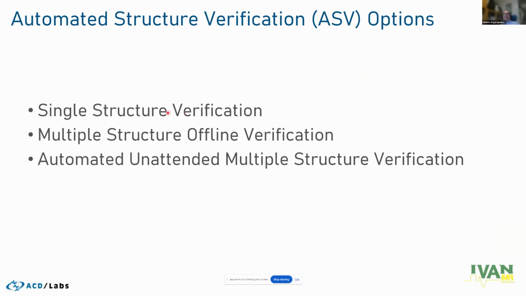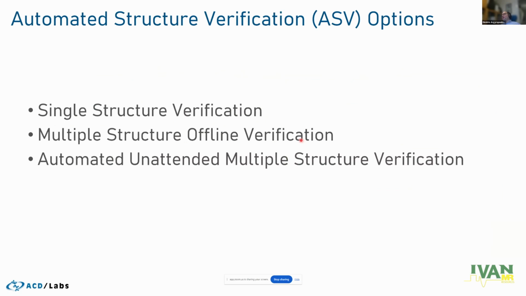The first is single structure, single data set verification. So you have one data set and one structure, and you just do it semi-manually on the computer. You just click verify.